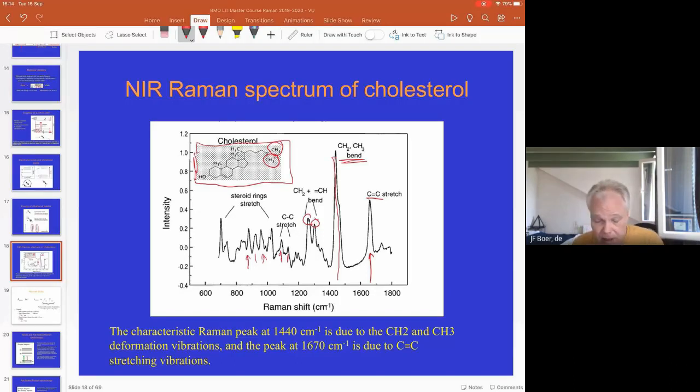And you can imagine that even in a mixture of molecules, each molecule has its own really specific spectrum, and you can deconvolve them to determine the concentration of one molecule versus another. So this is what makes it such a powerful technique.